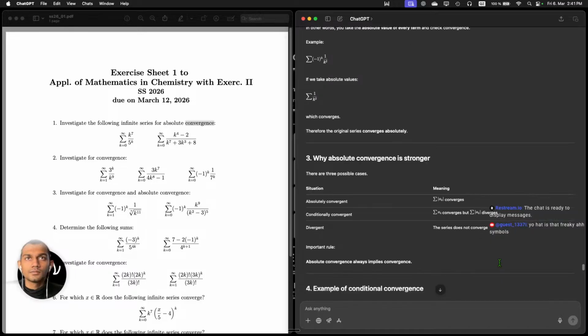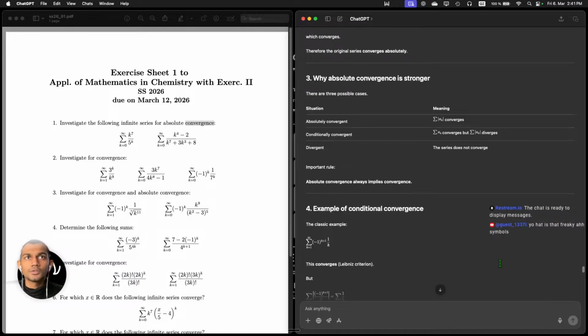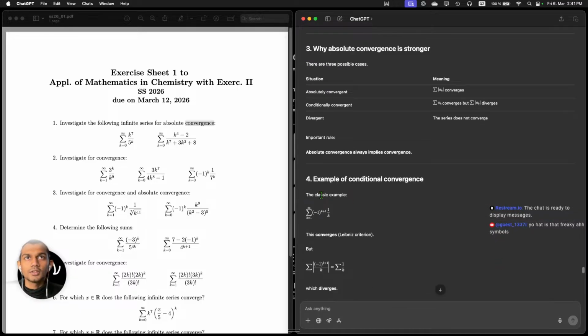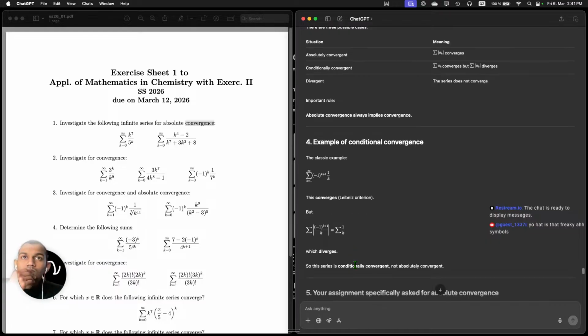Interesting. Okay. Example of conditional convergence, the classic example: minus 1 raised to k plus 1 by 1 by k. This converges by the Leibniz criterion, but 1 by k diverges. So the series is conditionally convergent but not absolutely convergent.